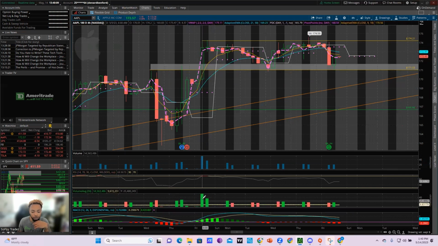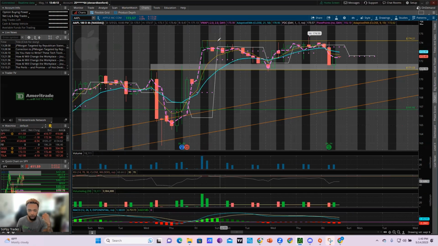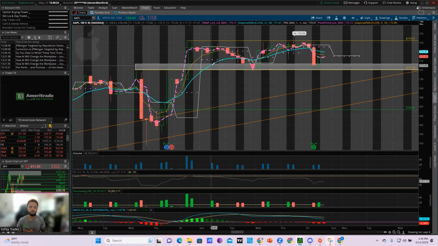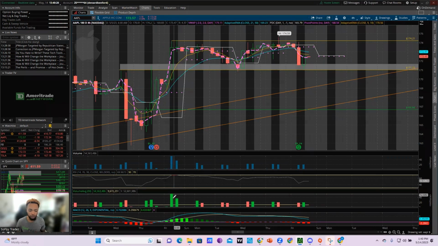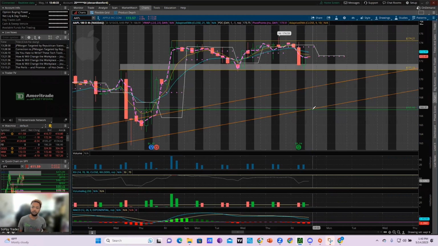That's why I say volume is key, at least in my trading strategy, because it lets me know when buyers or sellers are really there. Now when we come back down to this prior resistance turned support, boom, we bounce right off of it because we broke above it with high volume. Buyers don't want to give up this level that they worked so hard to get. That's what I'll be looking for next week.